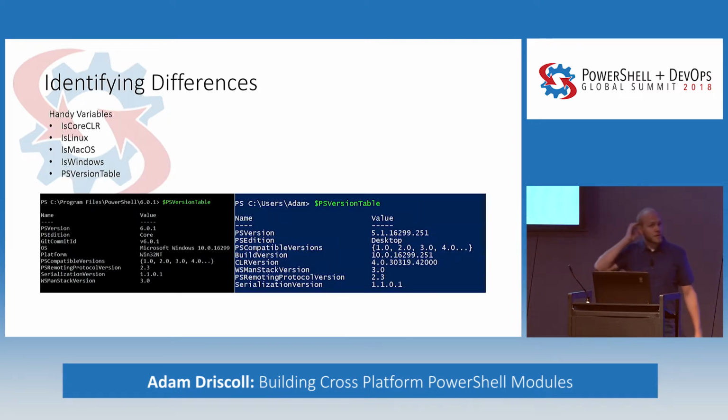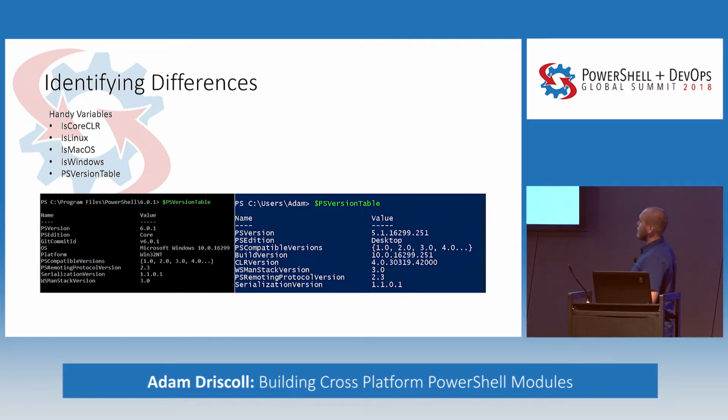So some really simple things you can do to identify where you are and what you're running on are use some of the new built-in variables and additions to PSVersionTable. If you're running PowerShell Core, you're going to have access to those top 4 variables there: IsCoreCLR, IsLinux, IsMacOS, and IsWindows. And depending on which operating system you're running or which particular framework you're running on, you'll have that either true or false.